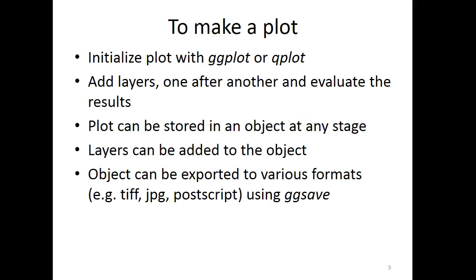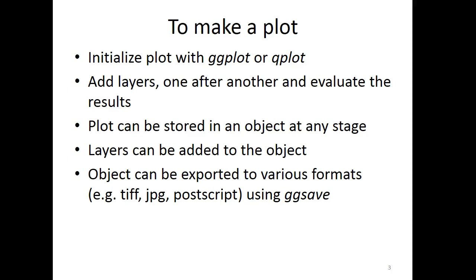To make a plot, you start by initializing the plot using the ggplot or qplot commands, and you may also at this stage use the aesthetic to connect the output to some data that you're interested in plotting. You then add layers one after another and evaluate the results, and go on doing this until you have the plot you want.